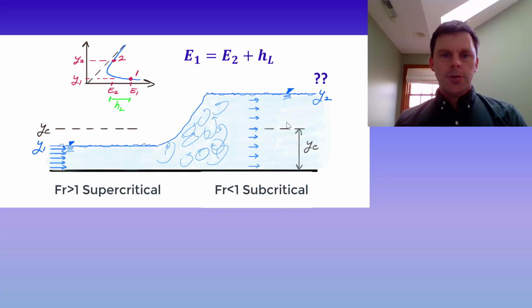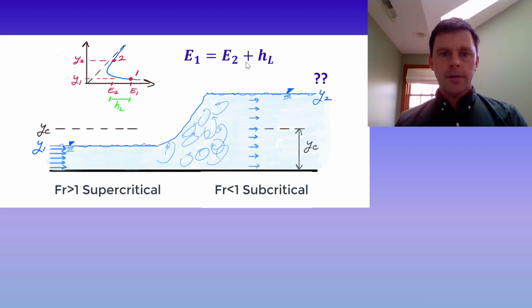Okay, so how do we actually quantify the hydraulic jump? Well, it's pretty cool. We have our overarching energy equation, and you might think, well, can you use the conservation of energy for this crazy flow? The answer is yes, as long as we're accounting for the energy that we're losing in all of the turbulence in the jump. That's where the head loss is important and needs to be factored into this equation.